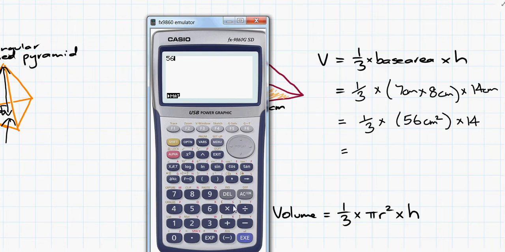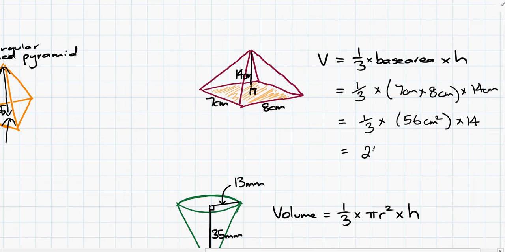So 56 times 14, and then I'm going to divide that result by 3. I get 261 and a third. So 261, and I think I'll just round that to 1 decimal place. Because it's volume, remember the units are cube units, so centimeters to the power of 3, and that's 1 dp.